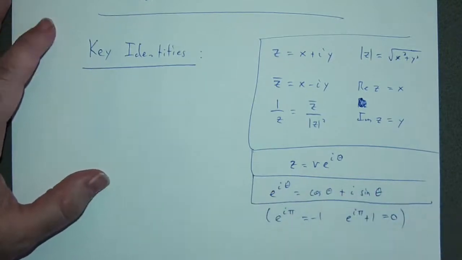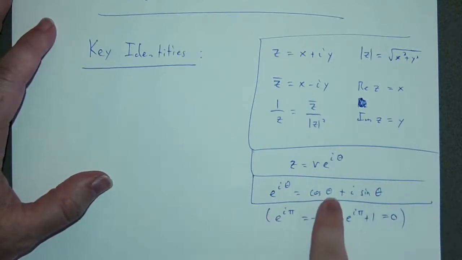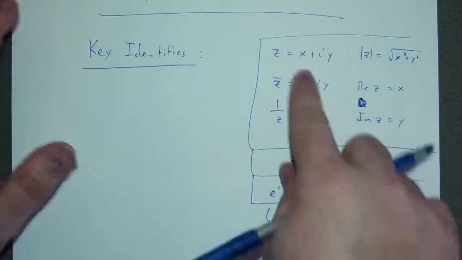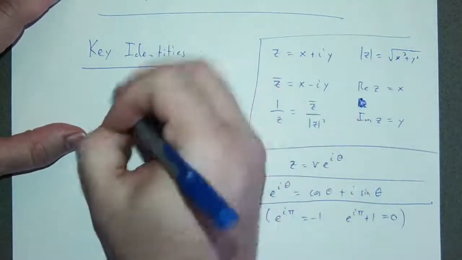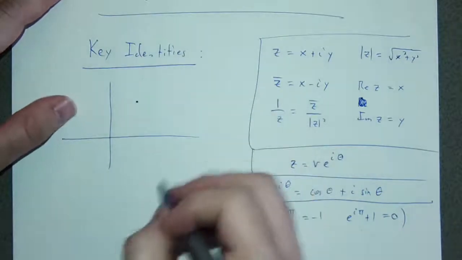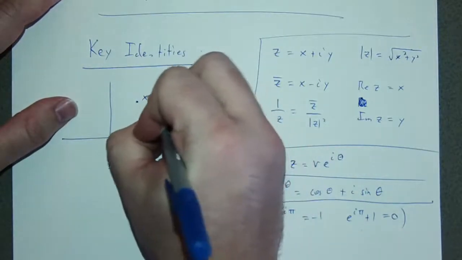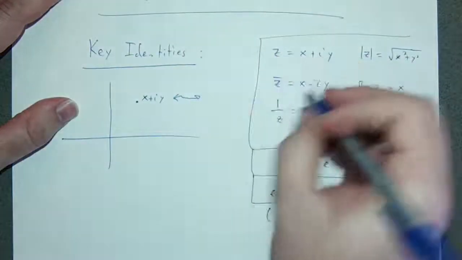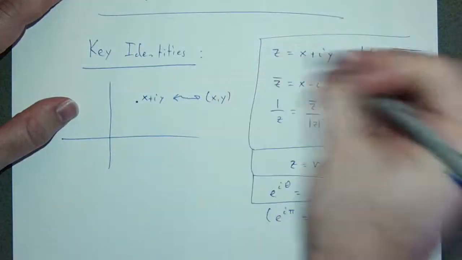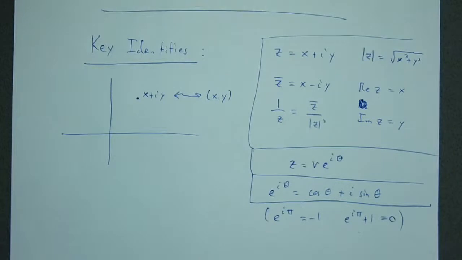What this is really saying is that e to the i theta, if I track, right, so remember, if I have a point in the xy plane here, I could think of it as complex number x plus iy, or I can say here's my correspondence with just a normal old ordered pair x, y here.